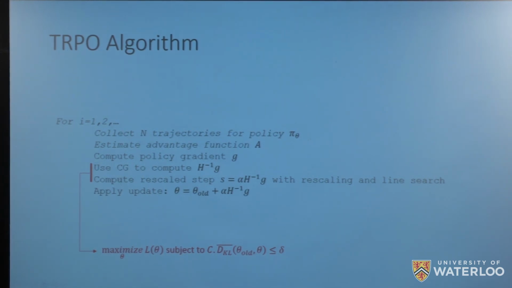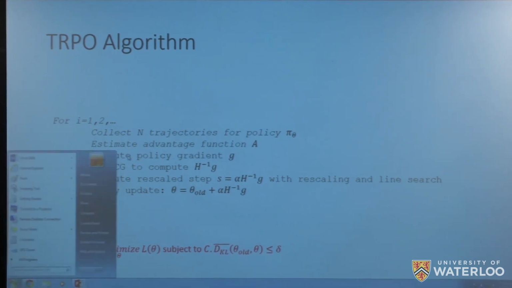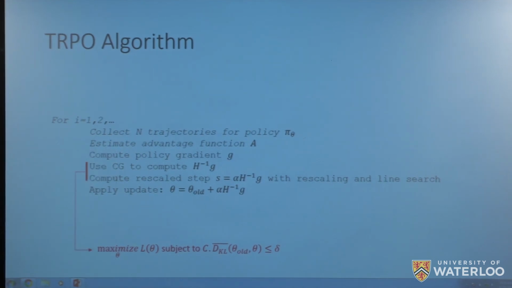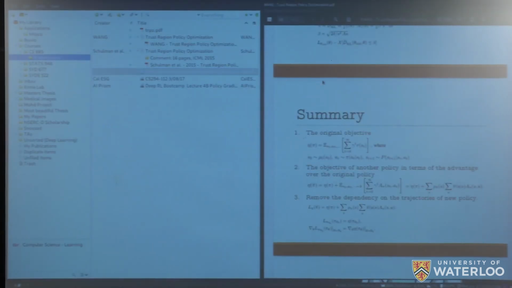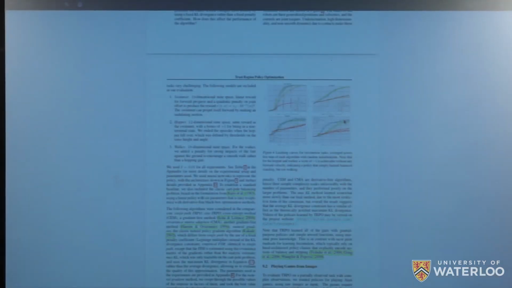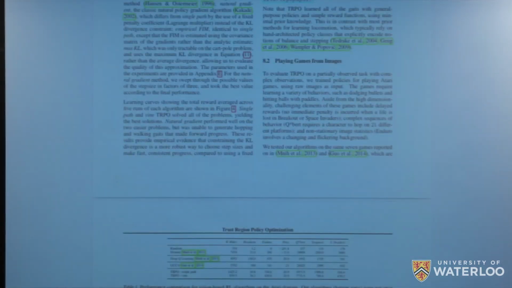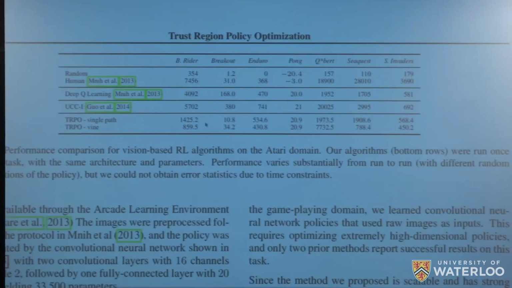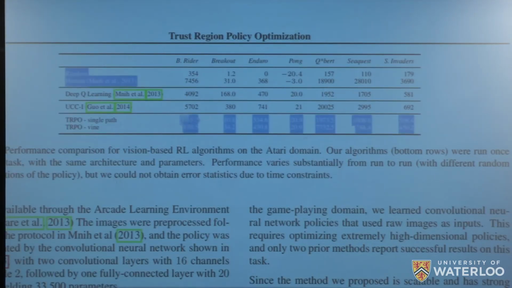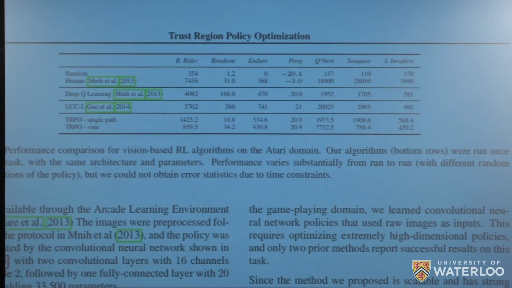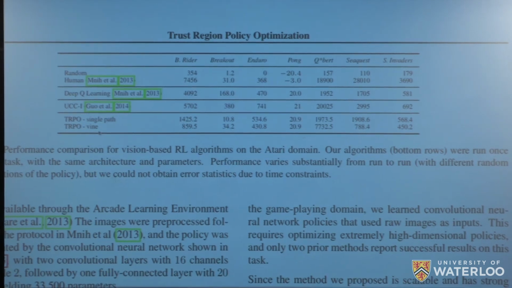And I just want to show you the results that they got. It's not very clear what the advantage is in terms of results, but these are their TRPO results. They're using single path and Vine, which I've not really told you about. These are just sampling techniques.